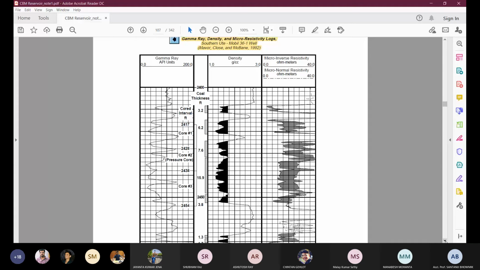Now here in this graph they have considered the lesser value of density, below 1.75 gram per cc. For coal, the density is 1.1 to 1.4 gram per cc. Any density coming greater than 1.75 gram per cc, they have excluded.